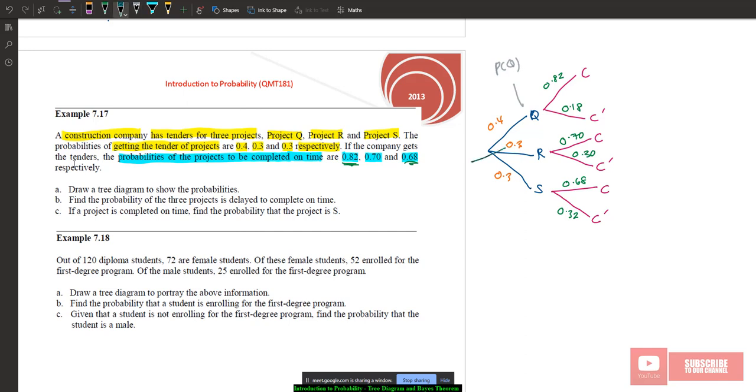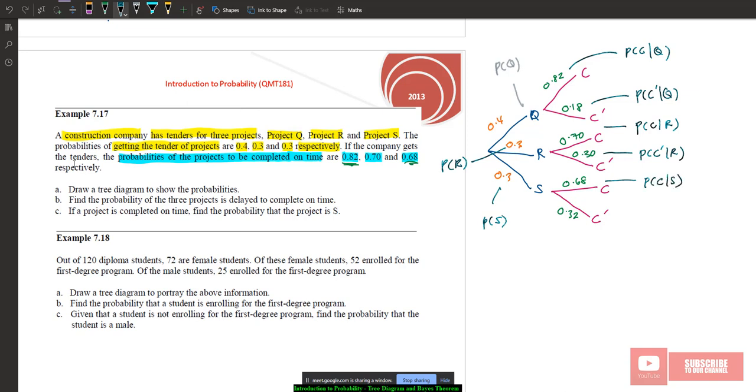And this is the probability of R, and this is the probability of S. And 0.82 is the probability of C given Q. This one, the probability of C complement given Q. This is the probability of C given R. This is the probability of C complement given R. And this one, the same, the probability of C given S, and the probability of C complement given S. Because this is the probability of C complement, given that S has already occurred, right?